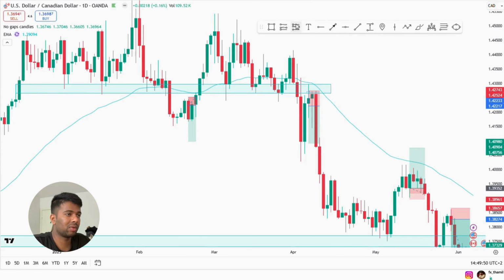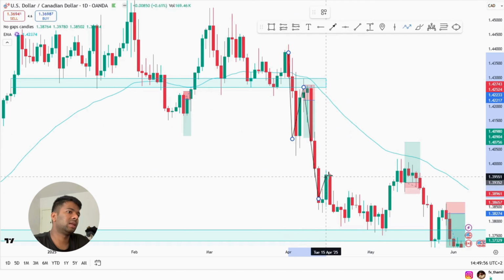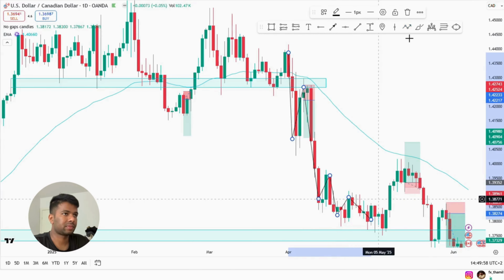I'm not going to talk about that, but then you can see how it created a huge lower low move. Then it just continued lower low, lower high.